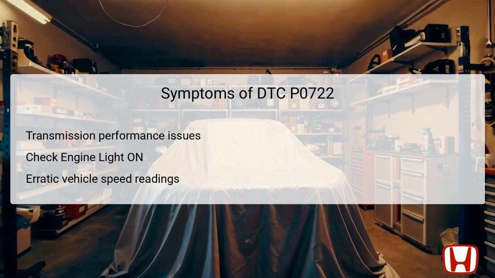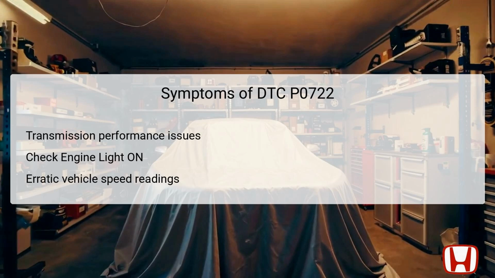Several symptoms are associated with the triggering of DTC P0722, all of which stem from the failure of the output shaft speed sensor. One of the most noticeable symptoms is the illumination of the check engine light on the dashboard, prompting the need for diagnostics. Drivers may also experience erratic acceleration and performance issues in the transmission, such as slipping or failure to shift seamlessly.